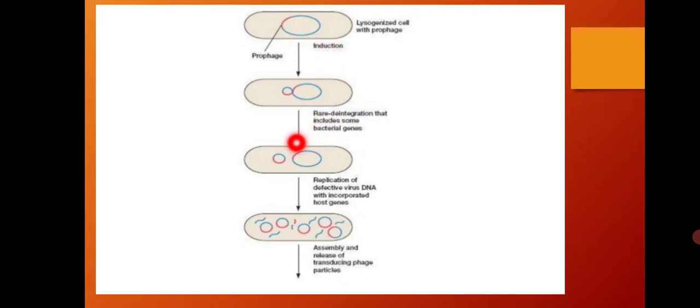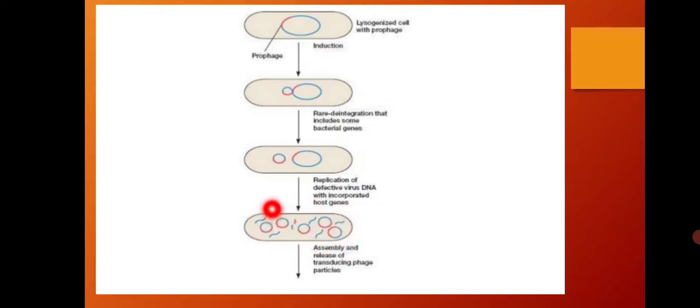After that, there will be a disintegration that includes some bacterial genes, and it will start to multiply and produce the second cell. From one recombinant genetic material, there will be a number of copies.